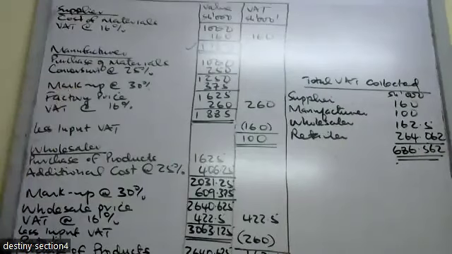And then finally, it's still possible that there could be evasion of tax. How is tax evaded? Some of the traders might not record everything, so the government cannot get 100%. But even if there is evasion, VAT is better than sales tax, most definitely, because of the many stages.